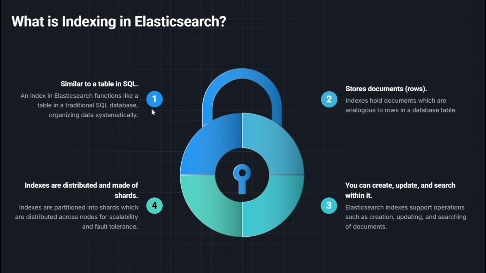For this to be efficient, we need to partition them, that is, put them into chunks, so that there will be flexibility in terms of data search and accuracy in output. We also use indexing to create, update, and search for data within Elasticsearch. So this is basically what indexing is all about.